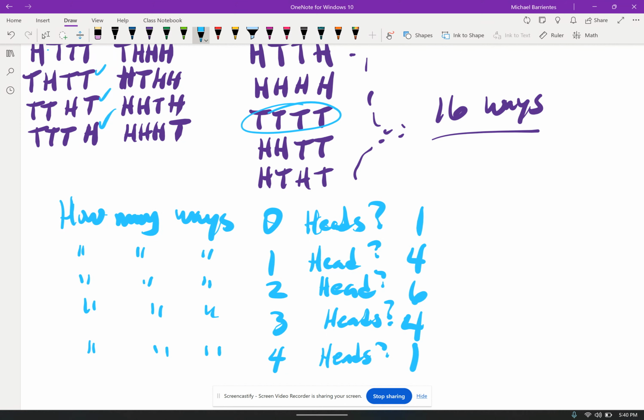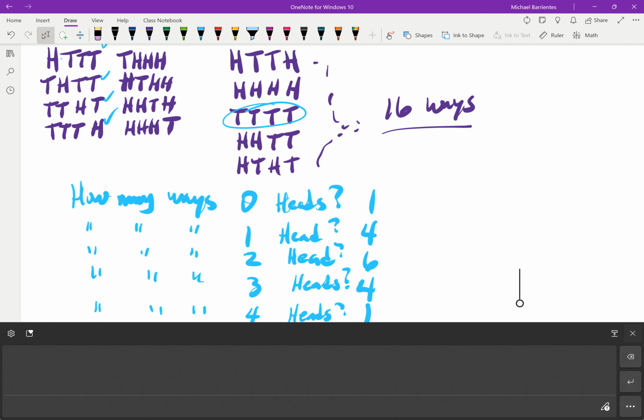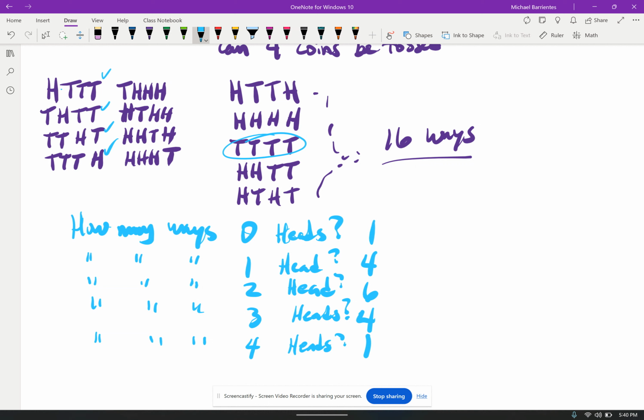So people that did this task got these numbers: 1, 4, 6, 4, 1. What were those numbers answering? If you flip 4 coins, how many ways can I get 0 heads showing? Well, that would be 1. Okay, that's what task 2 was about.